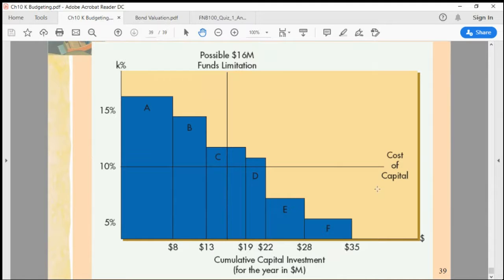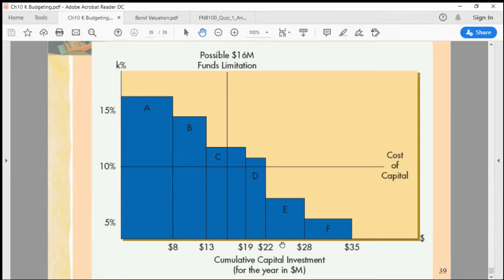And if there are 6 projects, project A requires an initial investment of 8 million, project B requires an investment of 5 million, right? Project C requires 6 million, right?